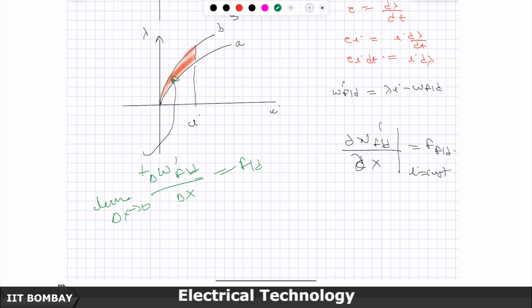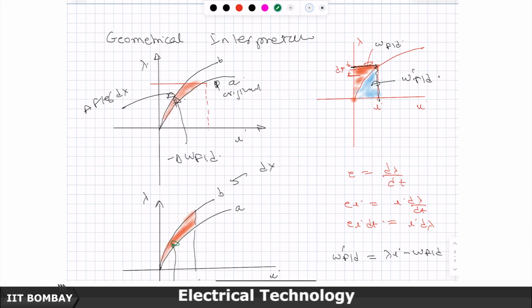So, now I think geometrically both things are clear to you. When you looked at the rate of change of magnetic field energy with respect to x, the partial derivative keeping lambda constant, there was a minus sign. Why that happened is clear from this picture.